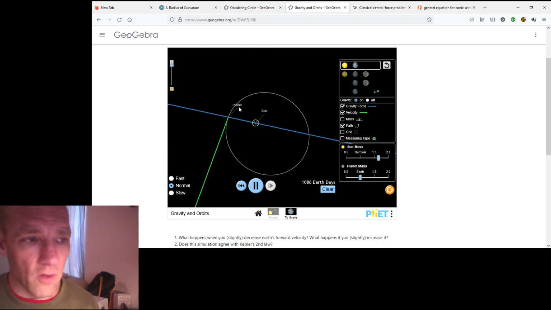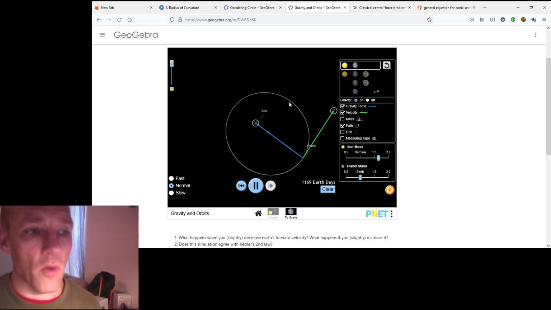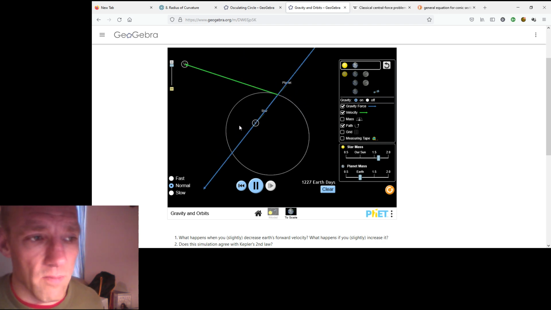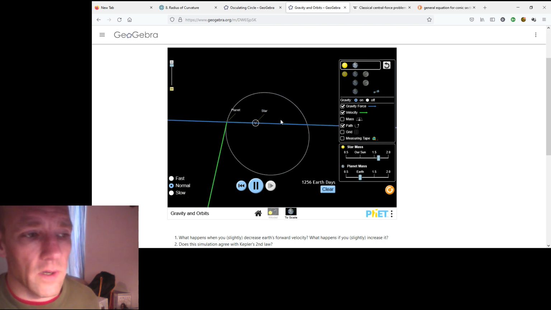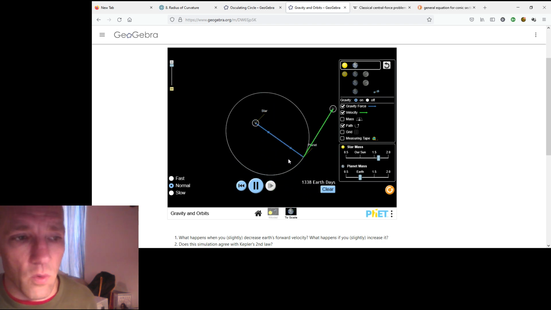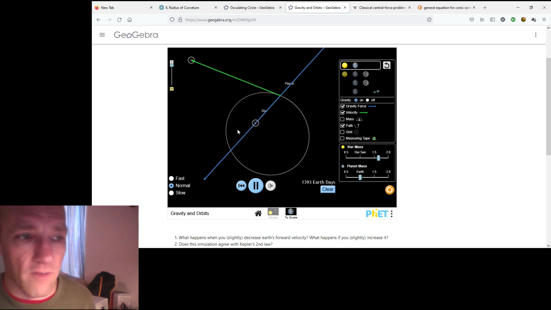And then the closer you are, the gravitational potential energy is lower. And so you must be picking up speed to balance that, because you're in what's called a conservative force. Gravity in this case is a conservative force. There's no energy loss. So you're just exchanging kinetic for potential and back and forth.